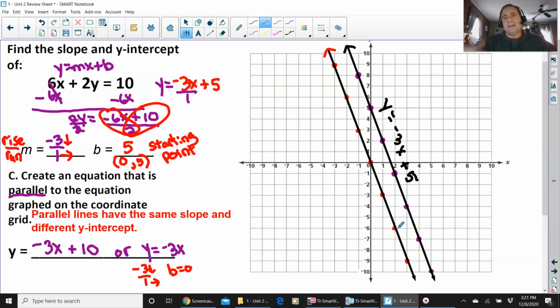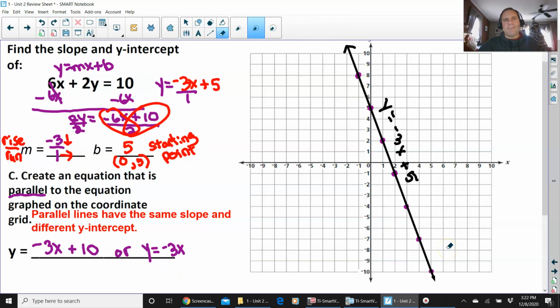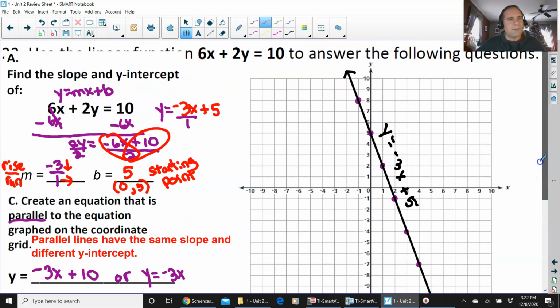I'm just saying why, and this is showing you exactly why when you have the same slope and different y-intercept that you do come up with those parallel lines. I just wanted to come back, and this is really your official answer. And that was number 23.